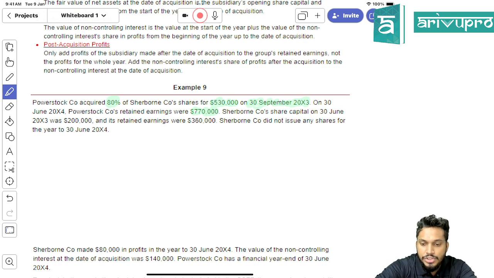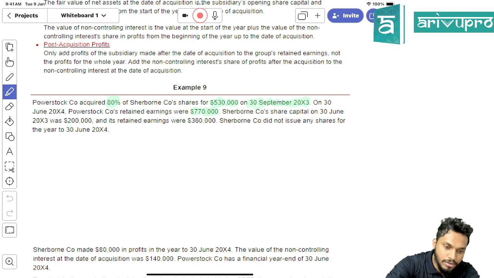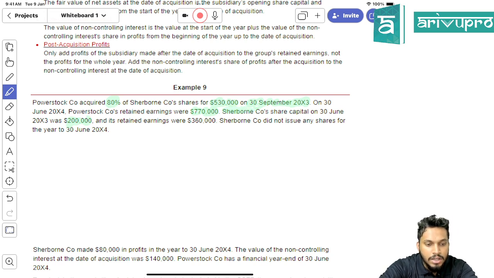Sherborne Company's share capital on 30th June 2014 was $200,000. Sherborne is our subsidiary, and its retained earnings were $360,000. Sherborne did not issue any shares during the year to 30th June 2014.